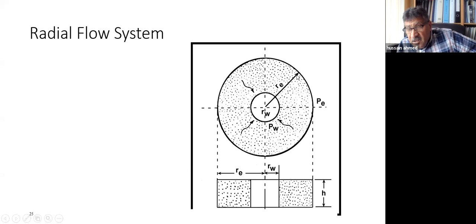RE is the radius of the drainage area, the external radius. We mentioned drainage area is a small reservoir surrounding the wellbore. RW is a fixed value most of the time. Most of the time, RW equals 3.5 inch, because 90% of the production casing is 7 inch in diameter. So that's almost a fixed one.